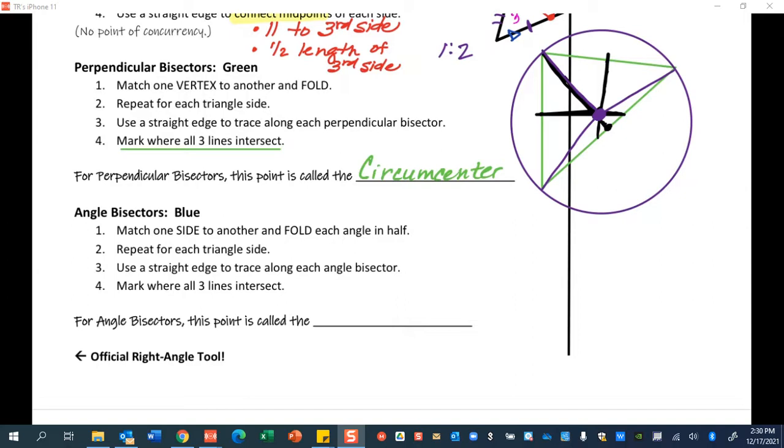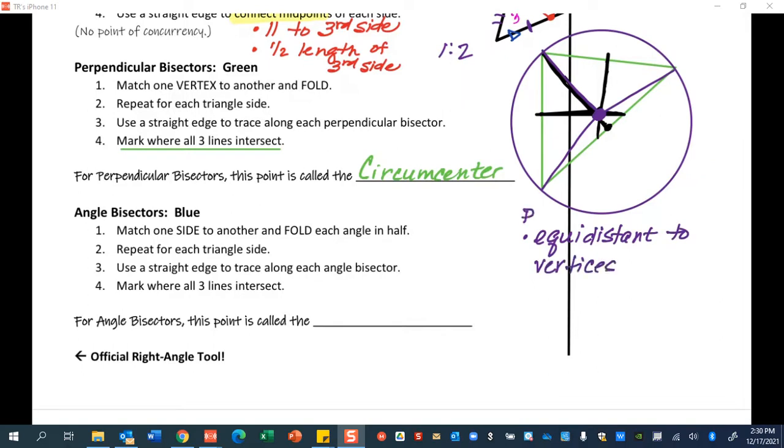We're not surprised by this because when we talked about the distance on the perpendicular bisector to the endpoints of the segment, we knew it was the same. So what we know here is that it is equidistant to each vertex.